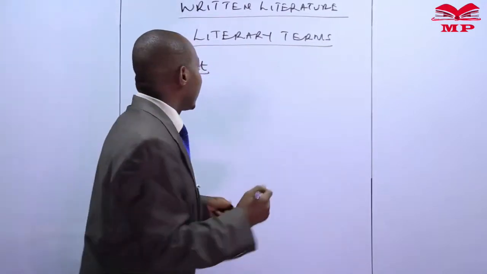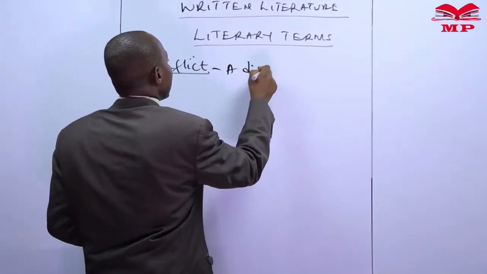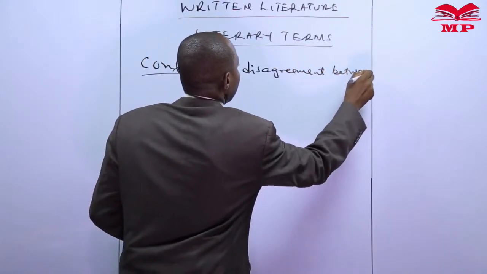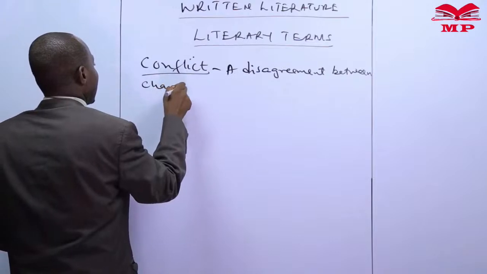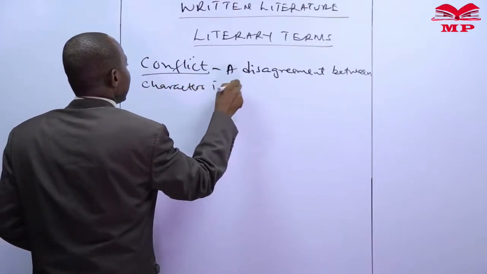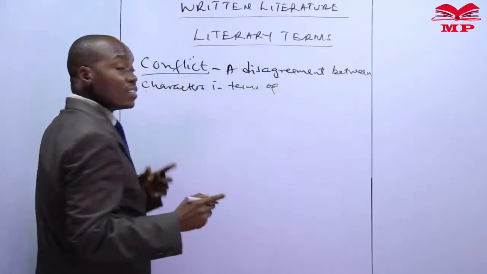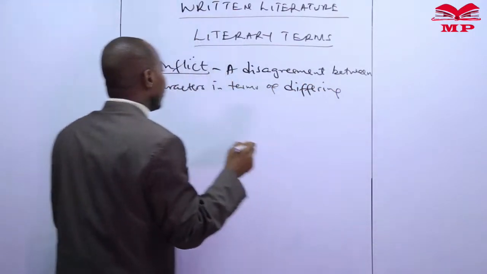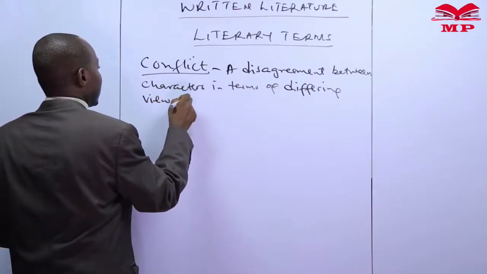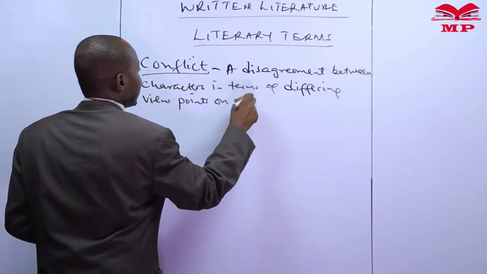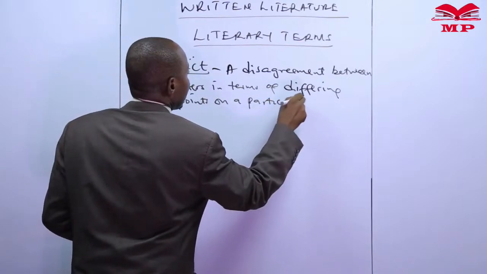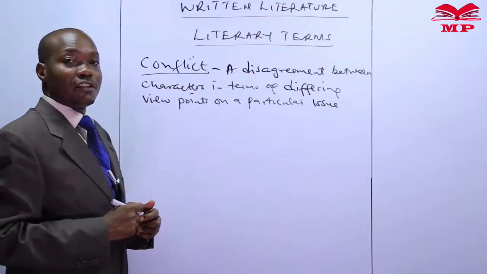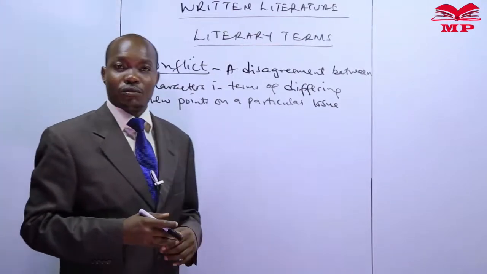We can define this as a disagreement between characters in terms of differing viewpoints on a particular issue. So when characters have different viewpoints, we call that a conflict.